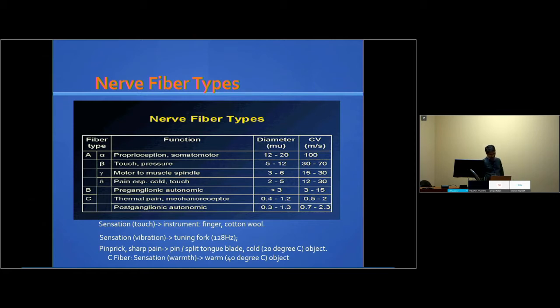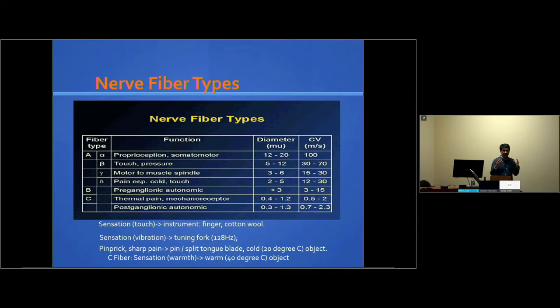When we look at the larger fibers, for touch, typically we use a ruler or finger, and for vibration sensation, a tuning fork at 128 hertz. Unfortunately, the majority of tuning forks nowadays are not 128. When we order them from the web, or even if you go to the store here, they are not.